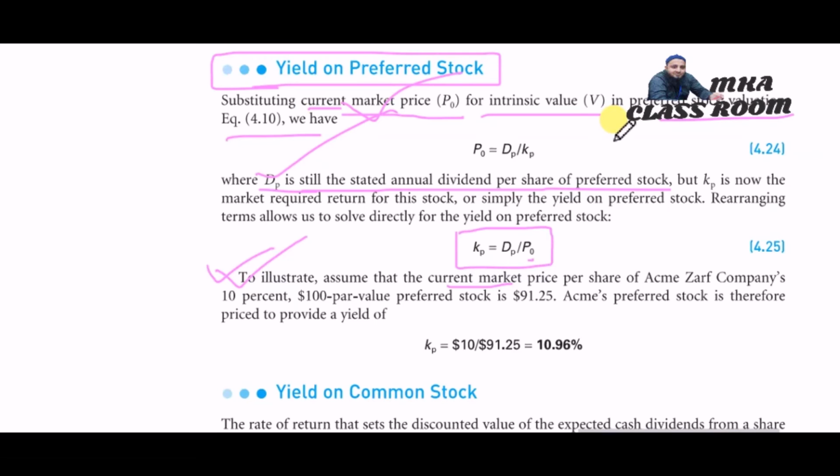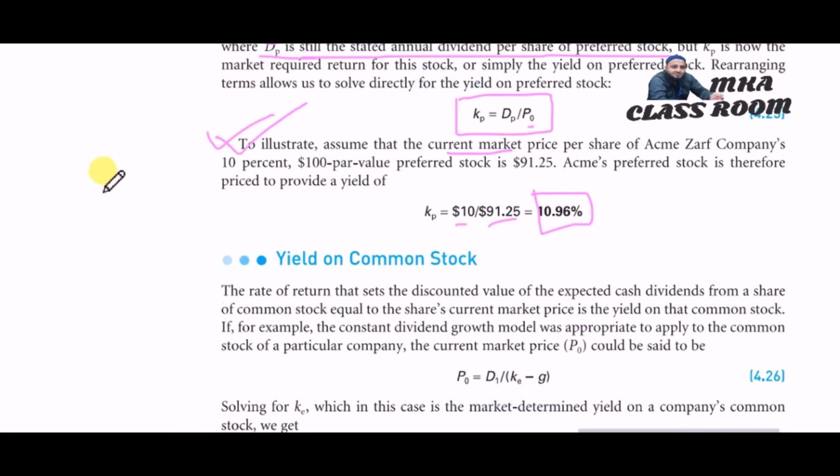So the preferred stock is 91.25, its current market price P0, and 10% is its dividend, that is taka 10. If we divide this, our required yield is 10.96%.